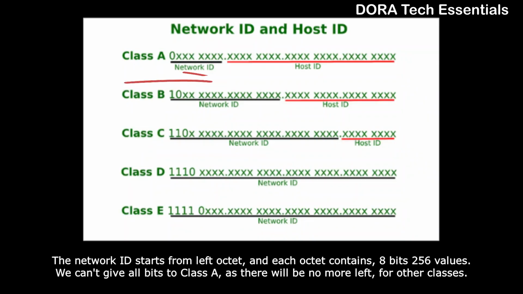The network ID starts from the left octet, and each octet contains 8 bits, 256 values. We can't give all bits to class A, as there will be no more left for other classes.